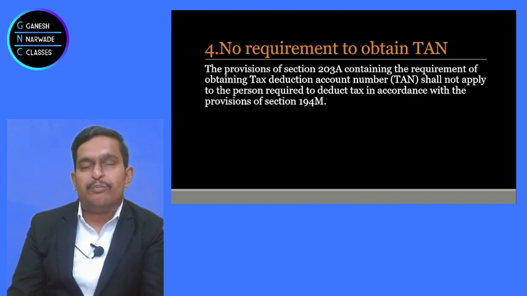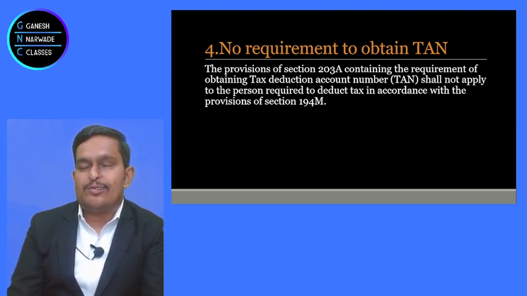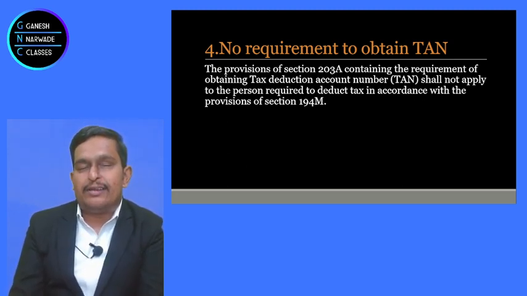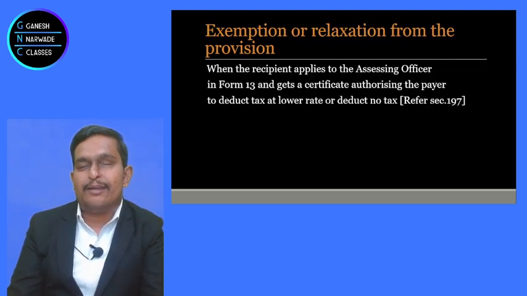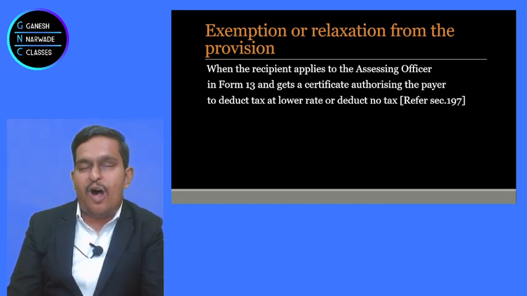Right? Now, there may be certain people who actually don't have so much income. So they should get some exemption, yes or no? Yes. So they can apply to the income tax department under section 197 to get the exemption. Either don't deduct TDS or deduct TDS at a lower rate.